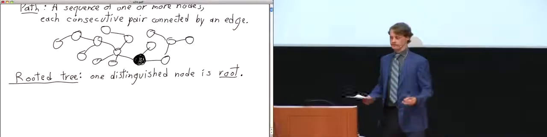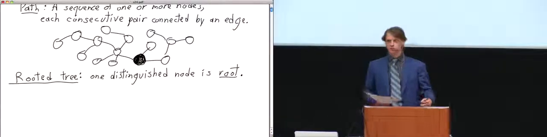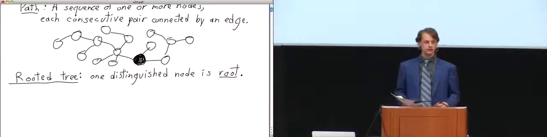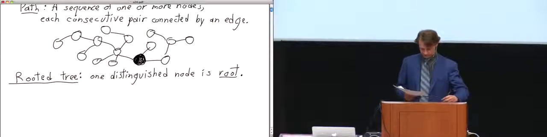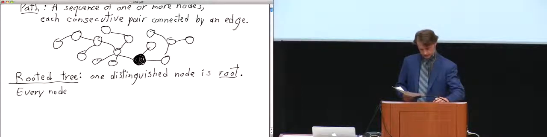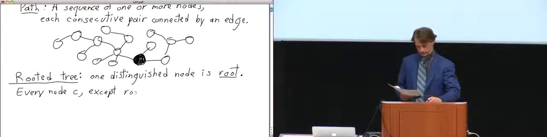And once you see what those paths are, you use them to define parents and children in this graph. So every node, let's call node C, with one exception, the root, has a parent.